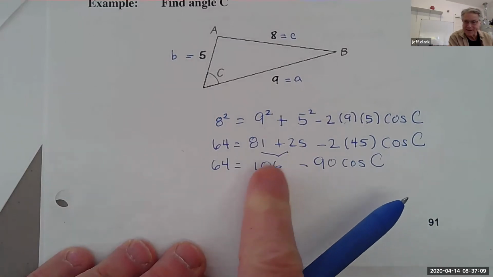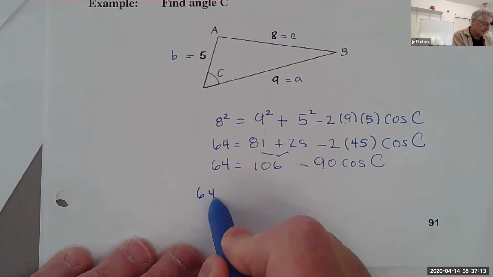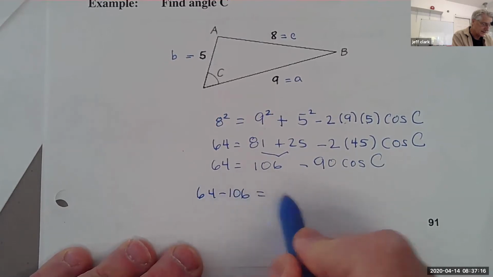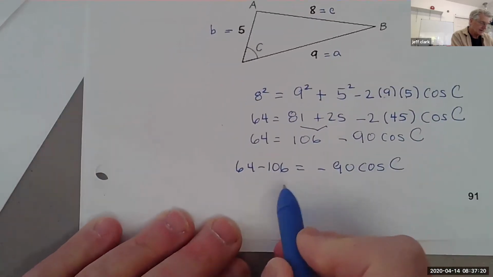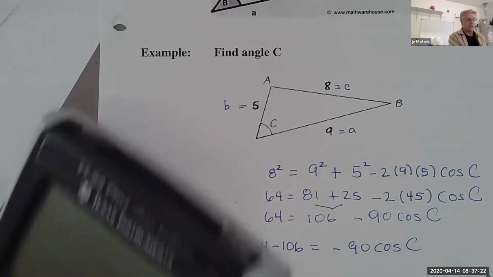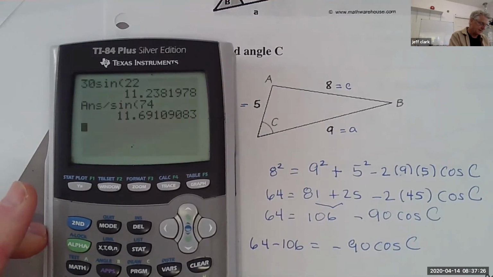I'm going to move the 106 to the left. So subtract 106, 64, subtract 106. I'm not going to take a chance and do that in my head. I'm going to go 64 subtract 106.